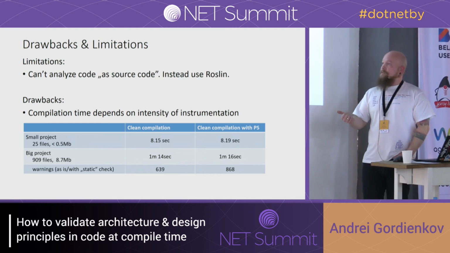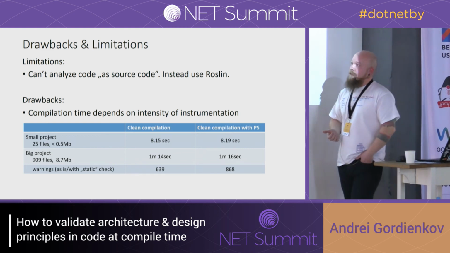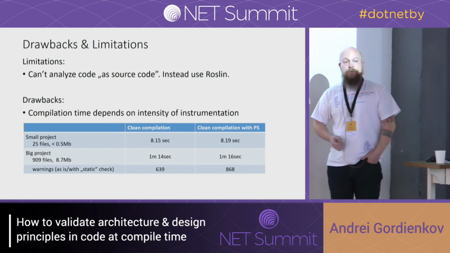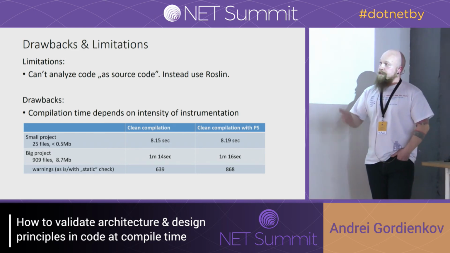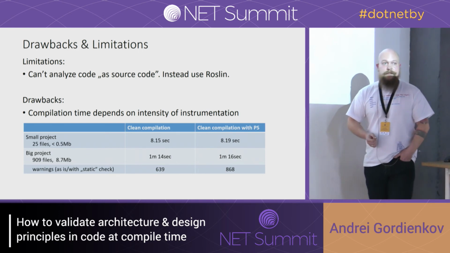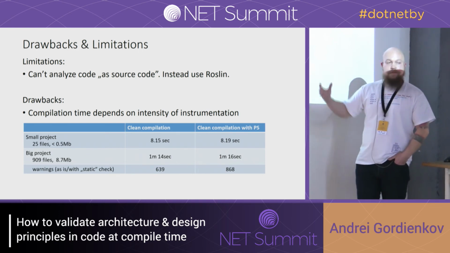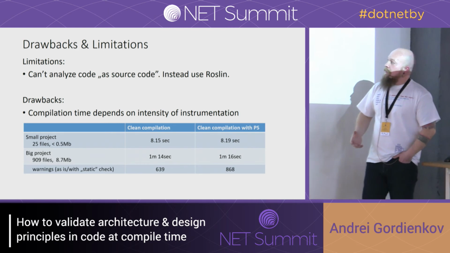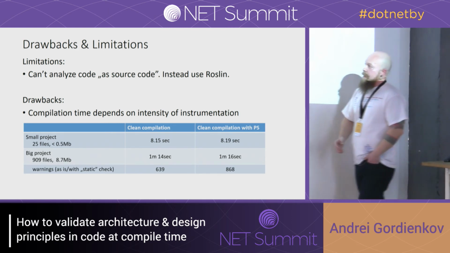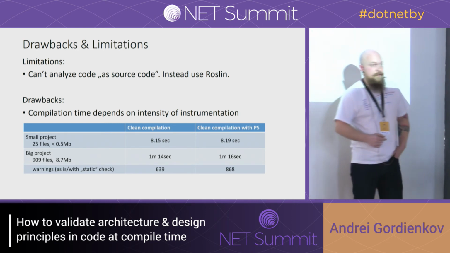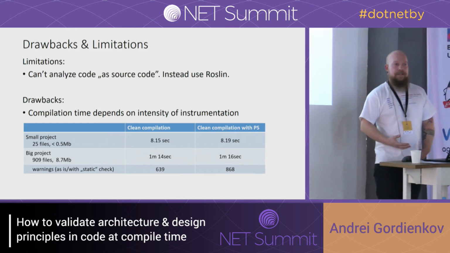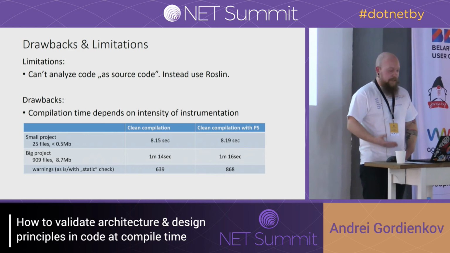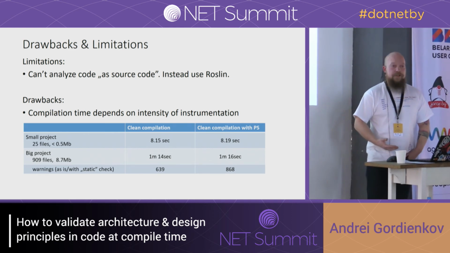But I've checked the speed on a real, big project with no static, and you see the number of files and size of the code base. You see that the project was really quite big. Before, I had 639 warnings in general. When I add these static checks, I get an additional 229 warnings.